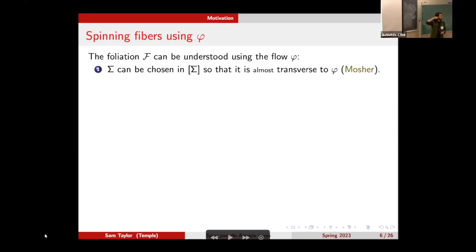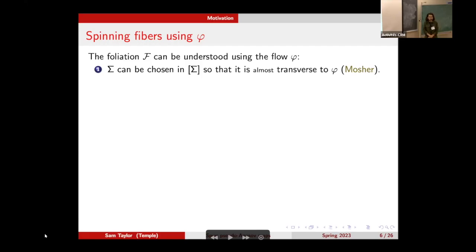You say changing it within its homology class. Can you keep it in the same isotopic class? So Lee's theorem says you might have to re-choose it within its homology class. We prove something stronger, and I might remark on it later, where any norm minimizing surface can be made transverse to the flow. Was actually transverse to the flow, wouldn't it be a fiber?